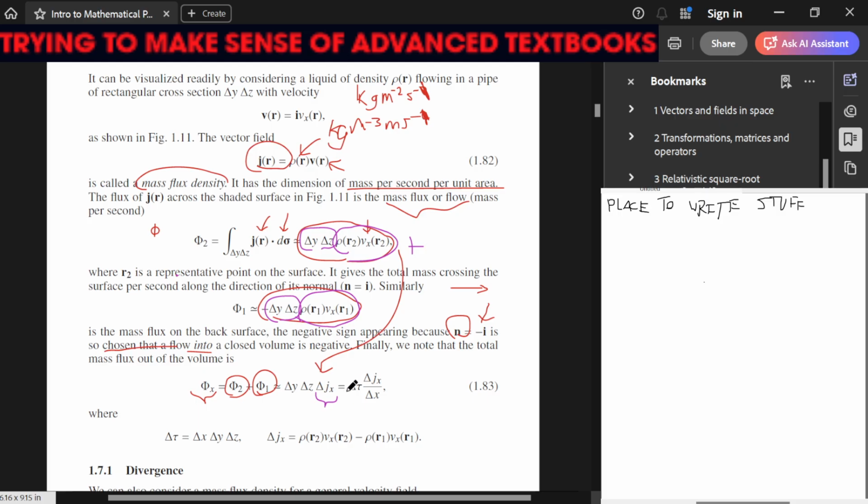Which is equal to delta tau, delta Jx over delta x. So to make this fit cleanly, they added this thing, but if they added that thing, they need to cancel out the delta x.